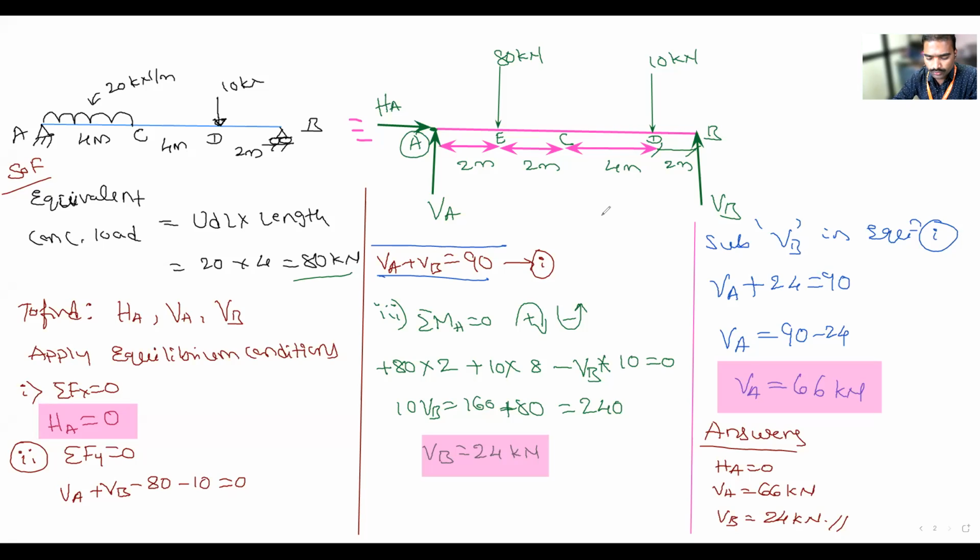Absent numbers are 4, 6, 15, 16, 18, 19, 20, 61, 64. Sir, 4 is present. Okay, fine.